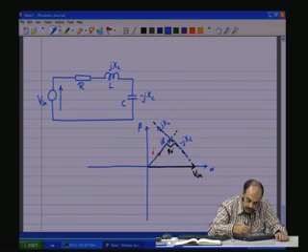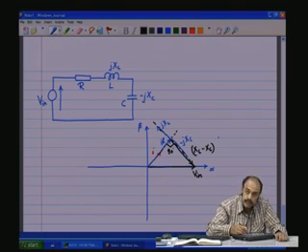Now, these two being 180 degrees in opposition, the resultant of these is what is going to come across and fill up the gap here, and that would be XL minus XC.